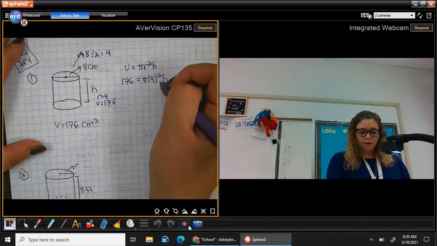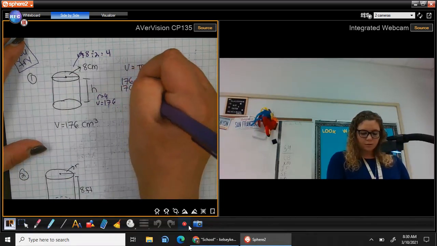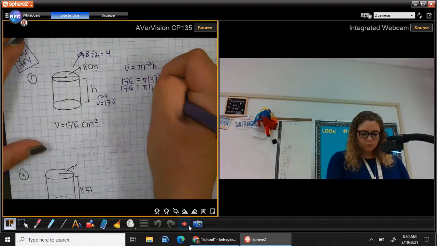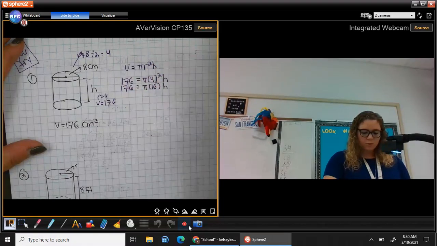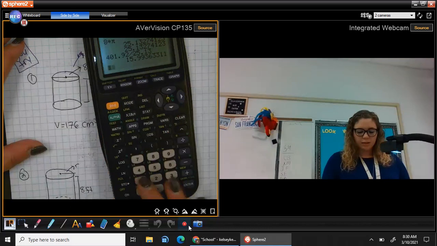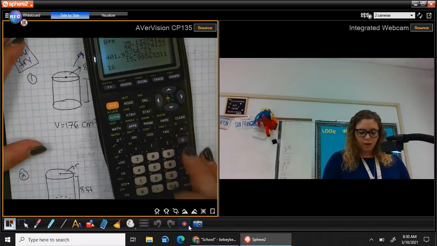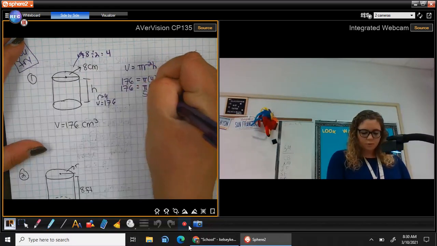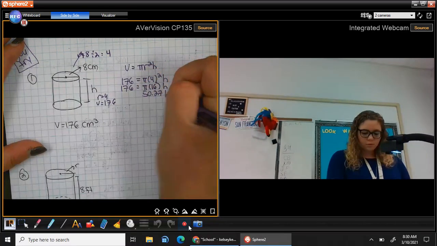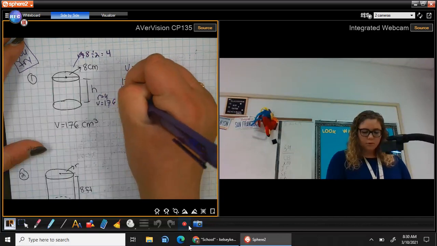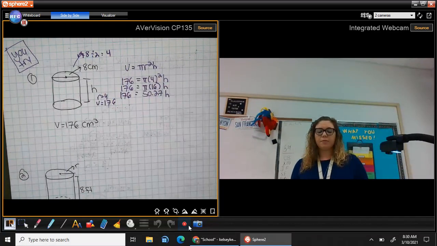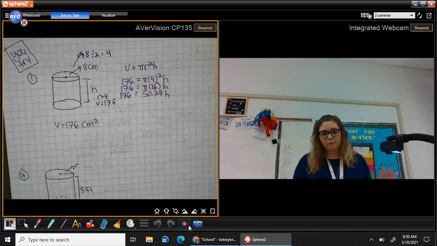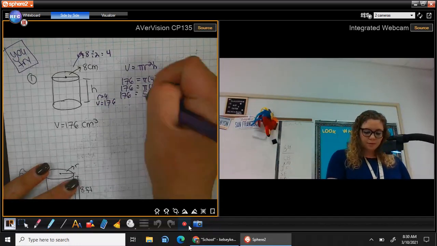So plug in everything. 4 squared is 16. 16 times pi is 50.27. Okay, and what would be my last step? To get h by itself, divide by 50.27.